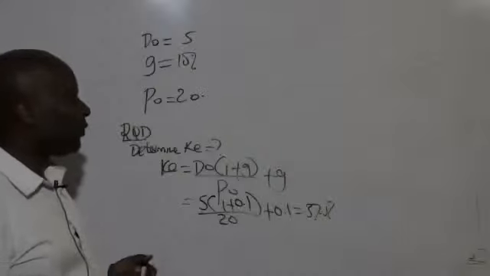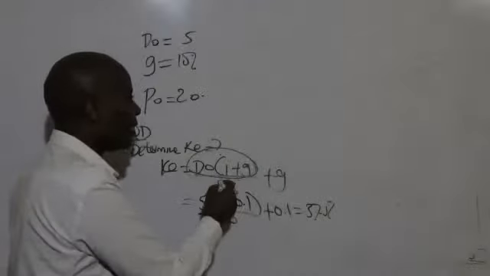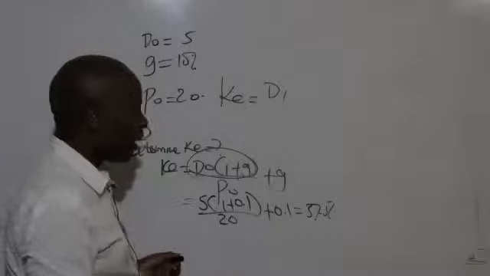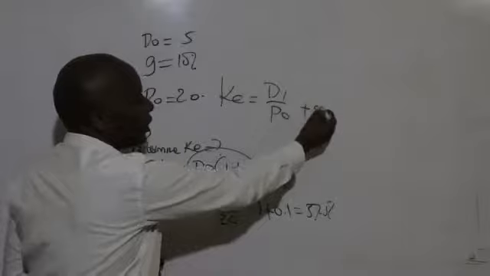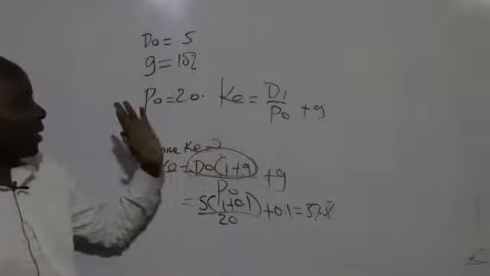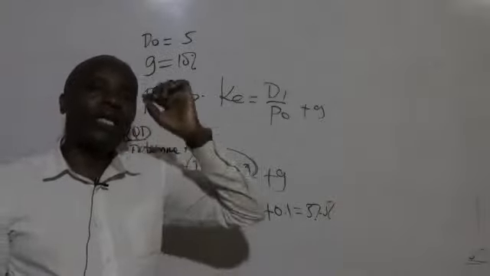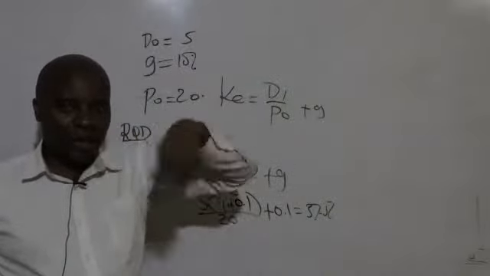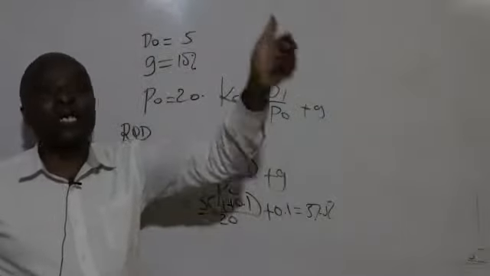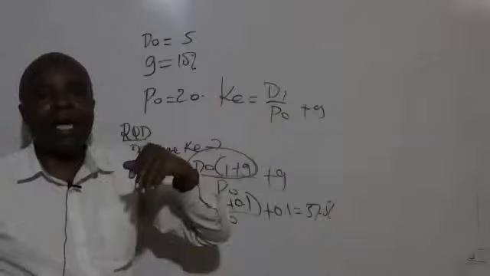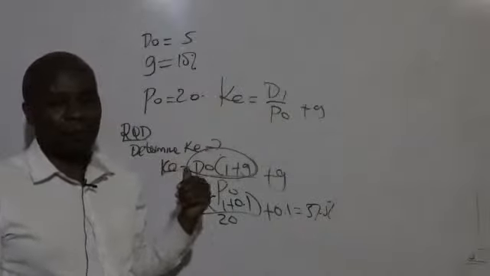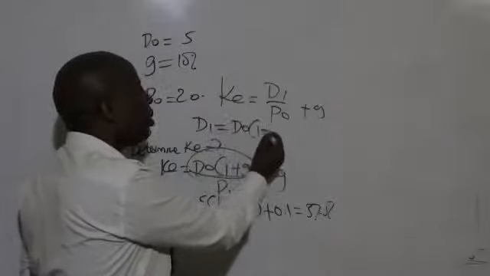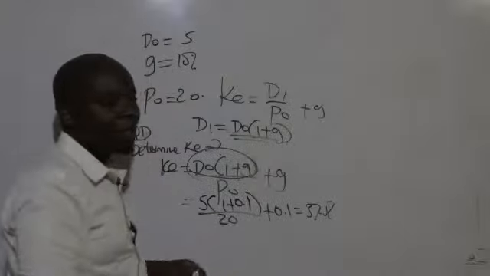You'll get literature saying that the cost of equity equals D1 over P0 plus G. So cost of equity is the dividend we are yet to receive at the end of the year, the expected dividend, divided by our original investment. It is this D1 that we normally get by taking D0 into 1 plus G.